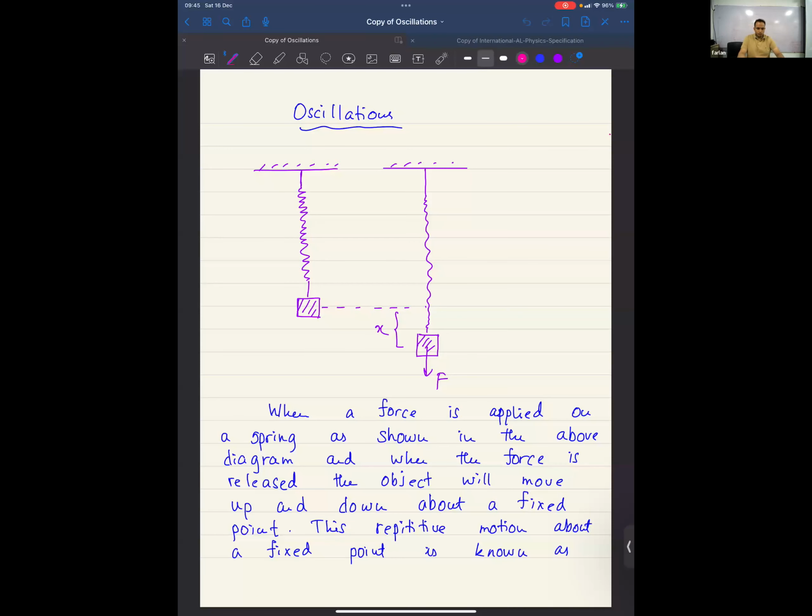And right under that, when a force is applied on a spring as shown in the above diagram, and when the force is released, the object will move up and down about a fixed point.